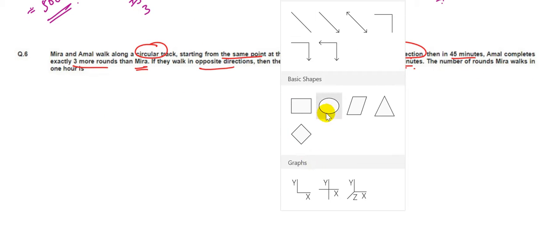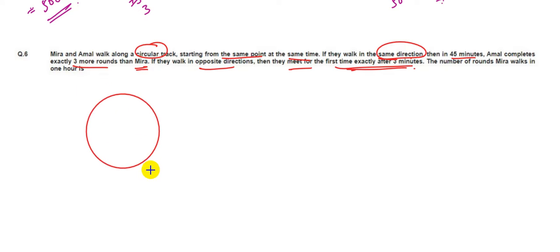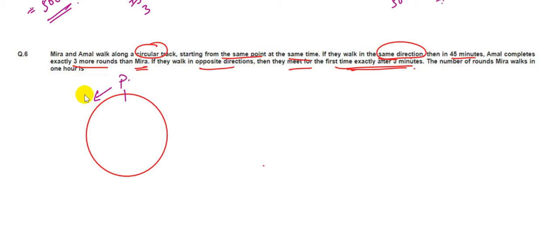Now for this, it's easy if you just draw a small diagram. Let's say this is your starting point P, and from here let's take the case where they're going in opposite directions. So Meera is going in this direction, Amal is going in this direction. Now we can see from the first condition that Amal completes more rounds than Meera in the same time.